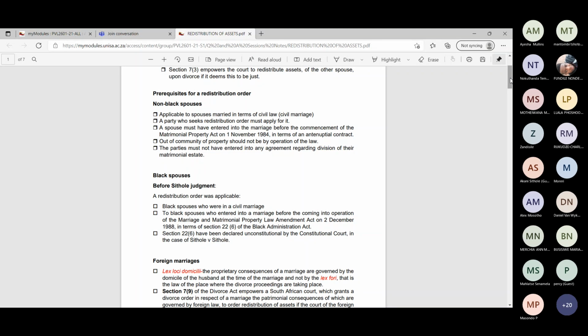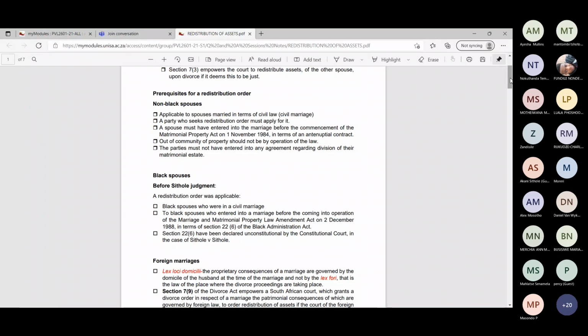The aim is to make sure that the spouse whose estate is lower does not leave the marriage empty-handed. This is with regard to white or non-black spouses.